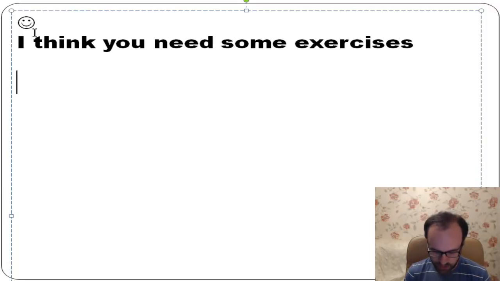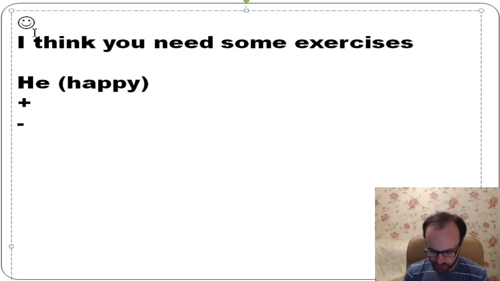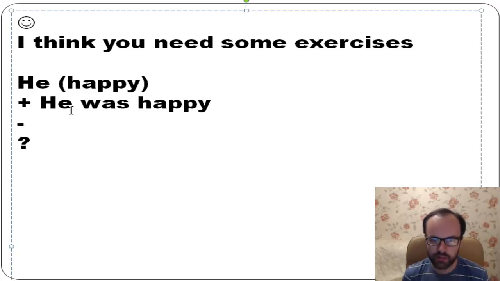Okay? So, he, happy. Say it in past simple, in a statement, in a negative form, and in a question. So he was or were? We use was with he, she, it. So he was happy. How to make a negative form?